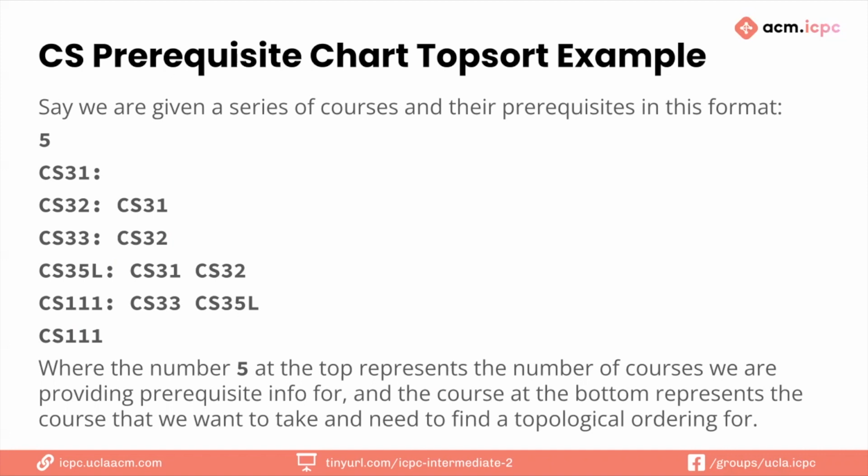So let's just look at it conceptually. Can someone tell me what would be the output for this kind of input for the CS prerequisite chart? If we input CS111, what would be the required courses to take for CS111 based on this input information?